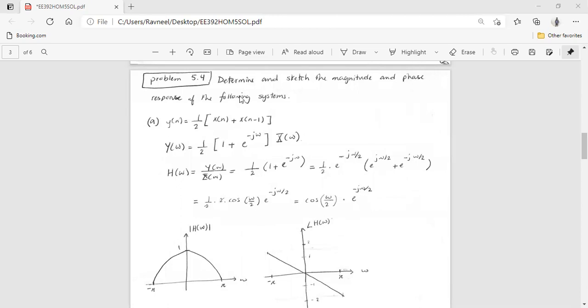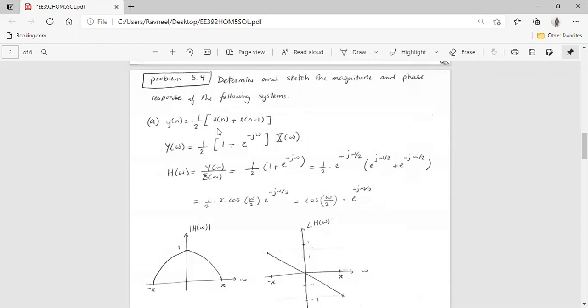Okay, determine and sketch the magnitude and phase response for this particular system: y of n is equal to half into x of n plus x of n minus 1, right? If you find the Fourier transform of this, that will be Y of omega is equal to half. Half is a constant, so we leave it like that. And then x of n is X of omega.